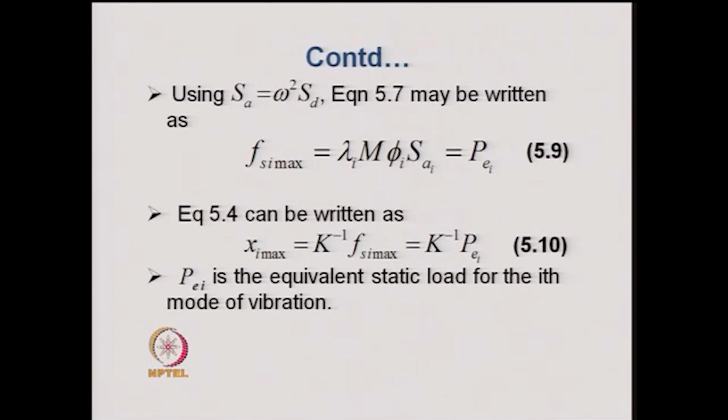So, with the help of this, one can obtain PEI, and once you obtain PEI, then one can obtain the maximum displacement that the structure would have if it were vibrating only in the ith mode.